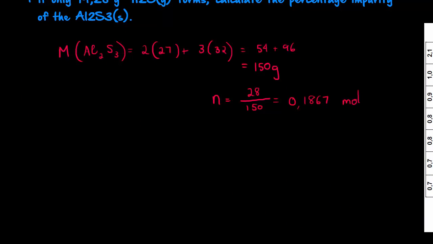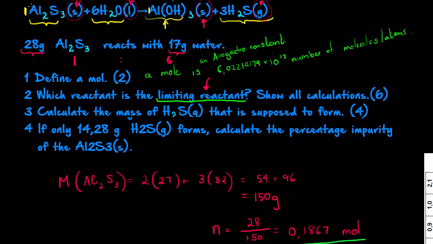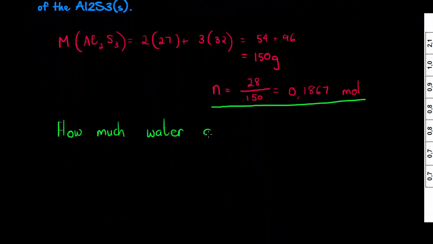Now, before I look at how many moles of water I have, if I have this many moles, how much water do I need? Again, look at the ratio. For every 1 mole, I need 6 moles of water, which means I need to multiply whatever moles I have here by 6.